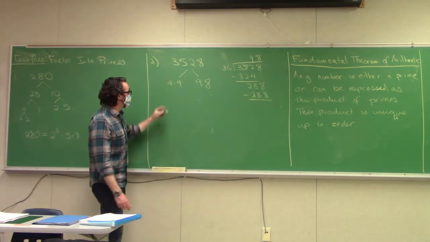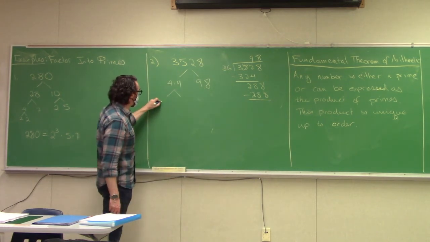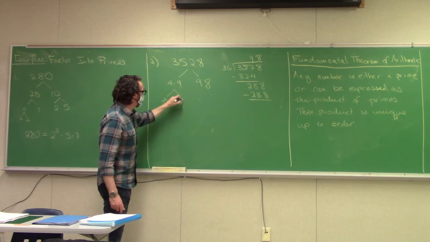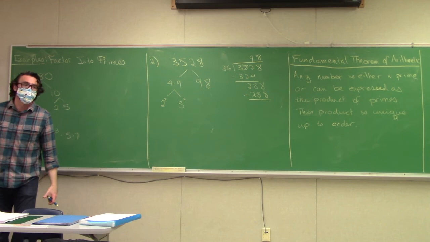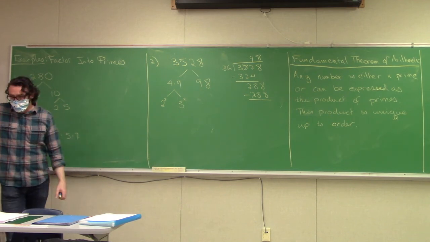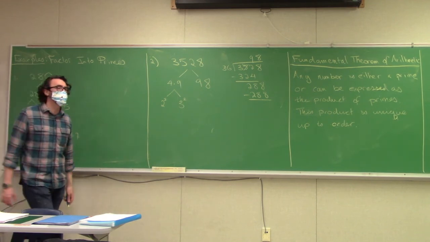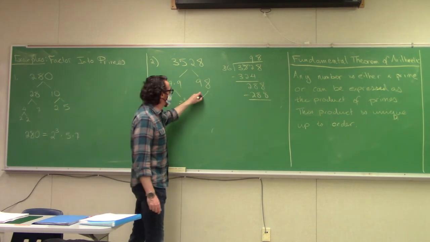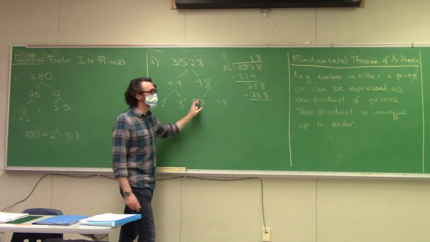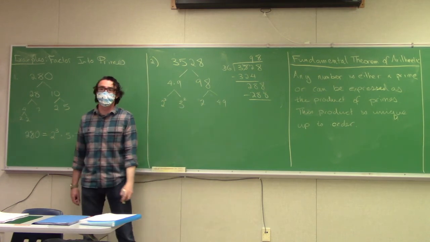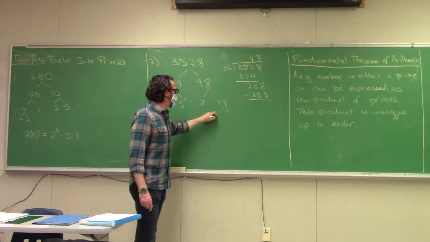Now the neat thing about doing it this way is I can factor these into primes very quickly. Okay, let's see, 98, well, I know it's even. The other factor is 49. 2 times 49 gives me 98. And this is 7 times 7.